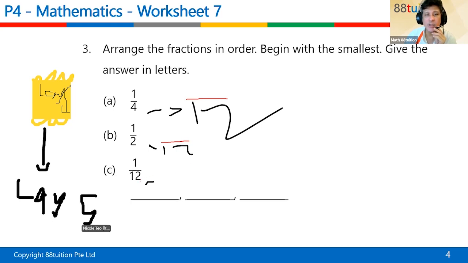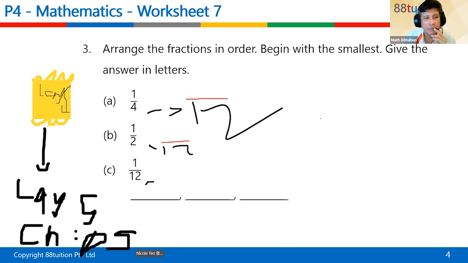C no need to change because it's already 12, right? So you just need the numerators for the 1/4 and the half. Do you know how to change it into 12? Very good. First one is a 3. What about the second one?